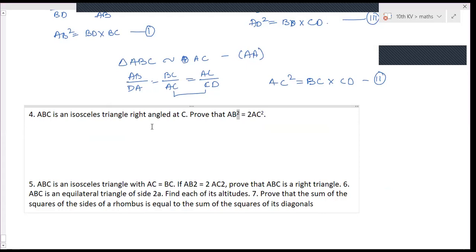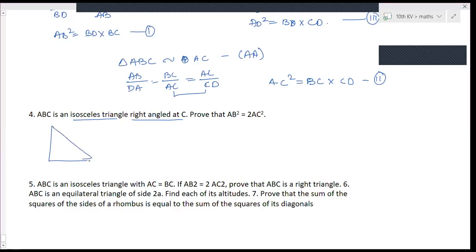ABC is an isosceles right angled triangle, right angled at C. Prove that AB square is equal to 2AC square. So ABC is an isosceles triangle right angled at C. This is A, this is B, and this is isosceles.